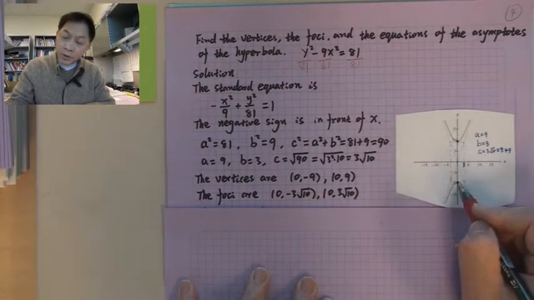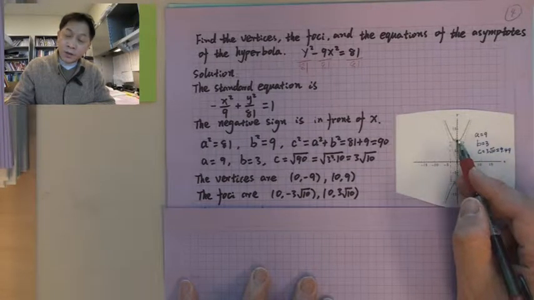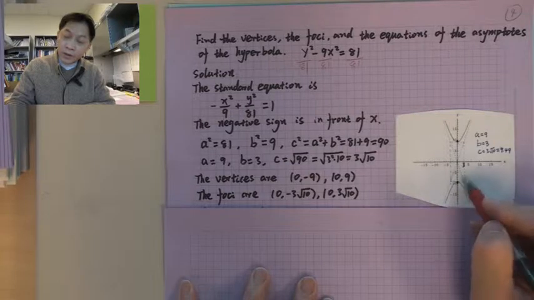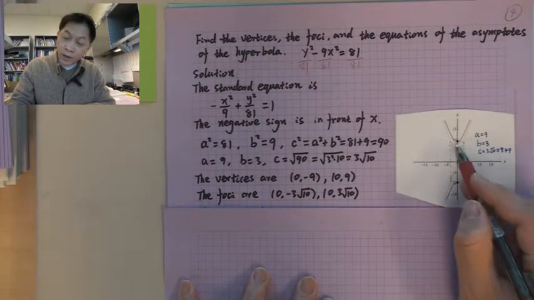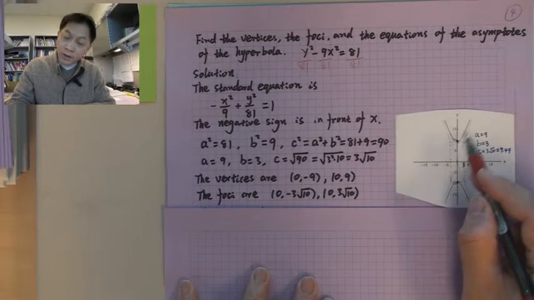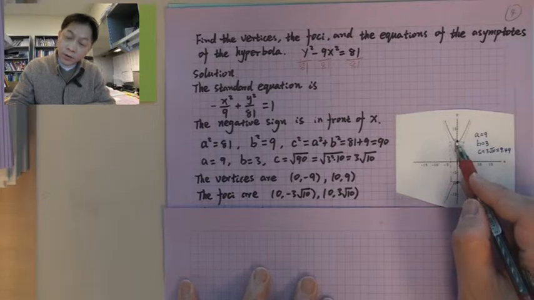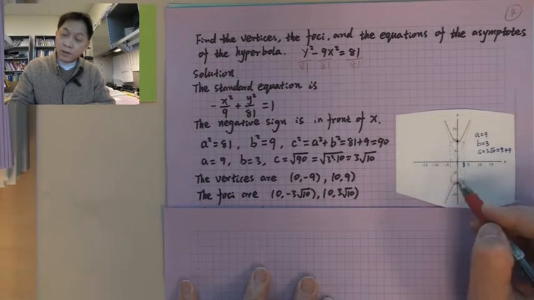That's the one down below here, and another one is above here. Those two are foci, on this rectangle. And here is the vertex. That's the intersection between this up branch and the y-axis.